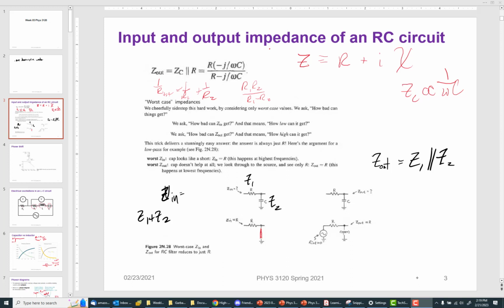So we're repeating input and output impedance here. Zin of a two element voltage divider is just the series sum of the two elements, their impedances. And for output, it's the Thevenin impedance, Thevenin equivalent, which in this case is simply Z1 added in parallel with Z2.